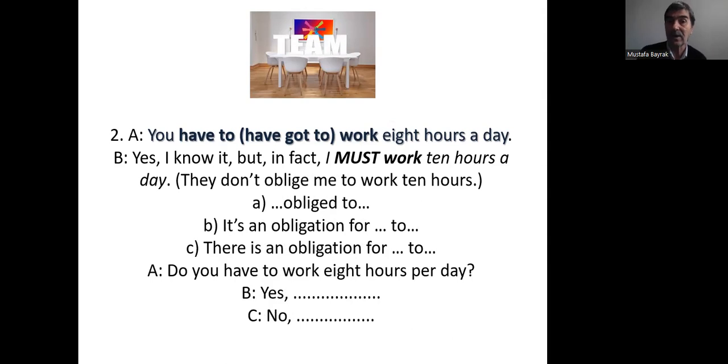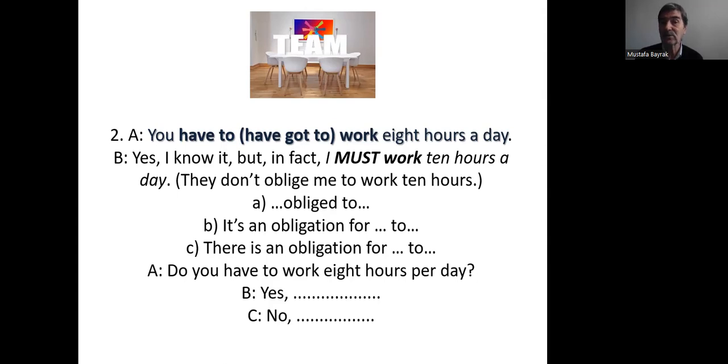I need it. I need money. Or with A, B, C, for example, I am obliged to work 10 hours a day. It's an obligation for me to work 10 hours a day.